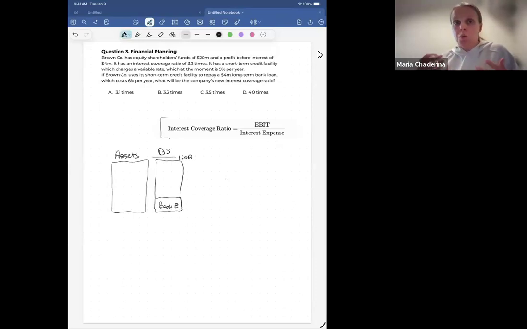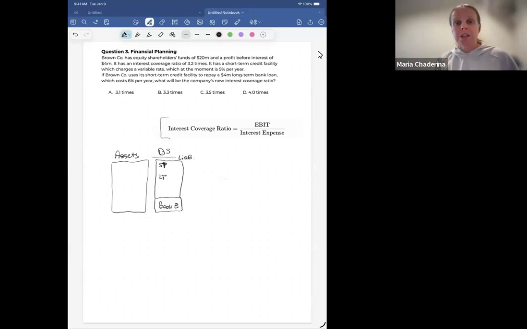Within liabilities, we can group them by their maturity, which is how long the contracts are for. Short term is typically under a year, and long term is one year or above. In this particular case, this distinction is very important because this company is doing a bit of a maturity switch.